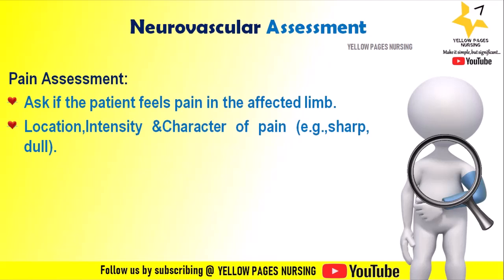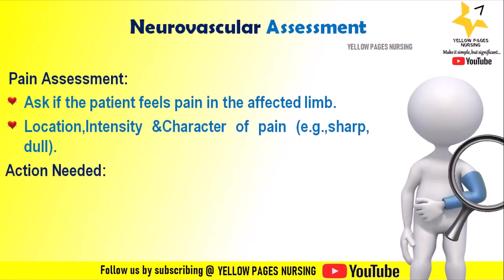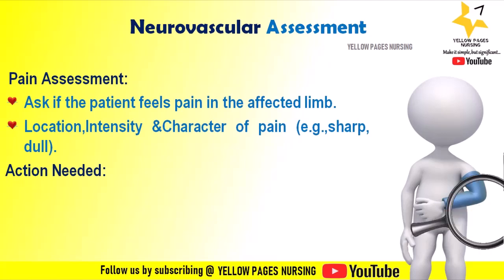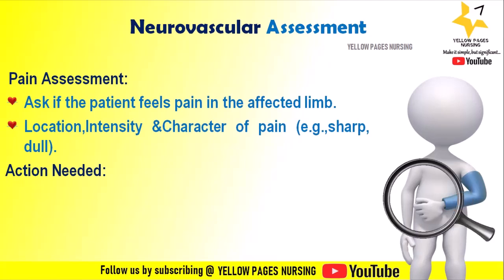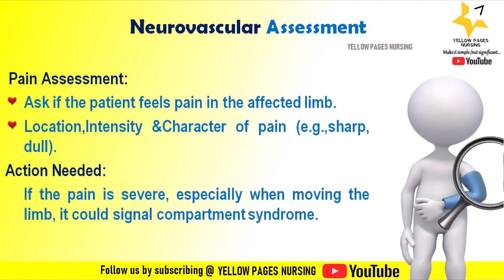Pain that is unusually strong or doesn't go away with medication might mean there is a problem with blood flow. What are the actions taken for pain? If the pain is severe, especially when moving the limb, it could signal compartment syndrome, which needs immediate medical attention.